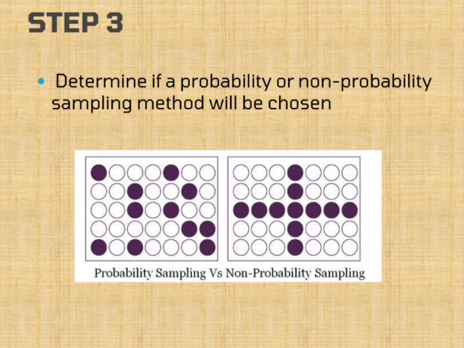Probability sampling involves selecting a sample in which the elements are drawn by chance procedures. The main characteristic of probability sampling is that every member or element of the population has a non-zero probability of being chosen in the sample. This type of sampling is also known as what? Random sampling. Probability sampling is also known as random sampling.